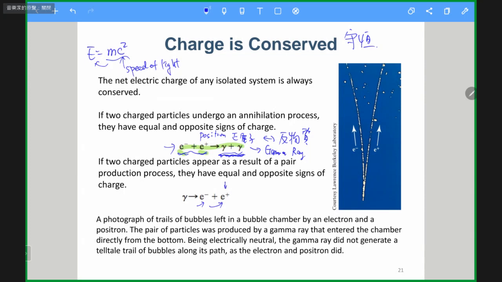When there is lightning, it may generate some positrons. This is a natural phenomenon. We don't really need to create this condition by ourselves. It just happens on the Earth.